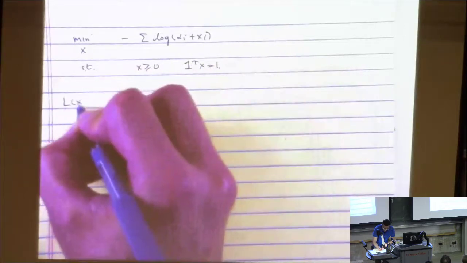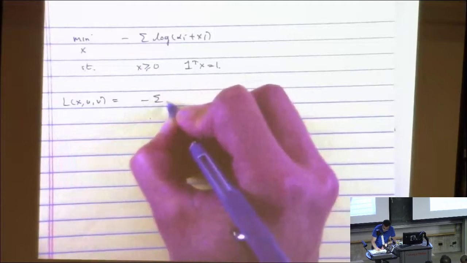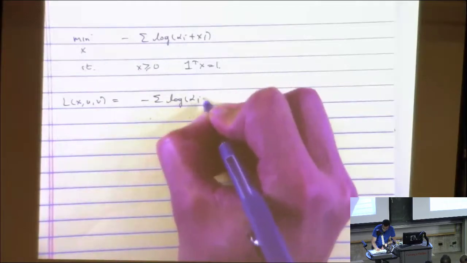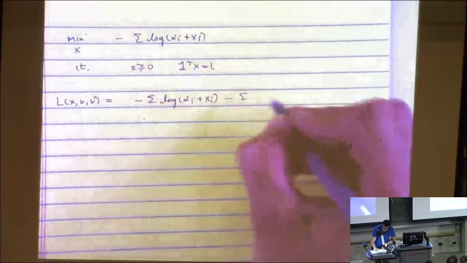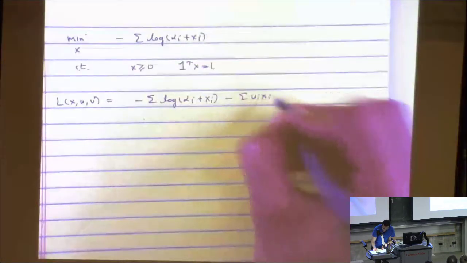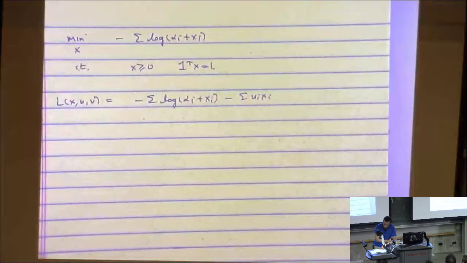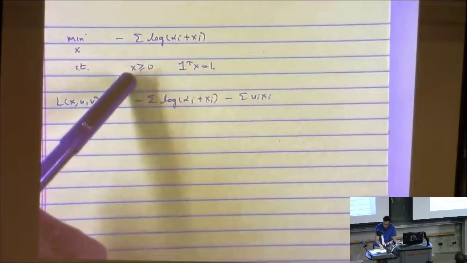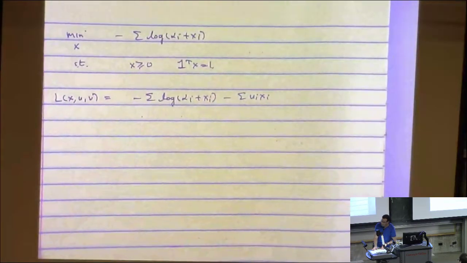So the Lagrangian is just given by the criterion, say minus u_i x_i. I'm going to assign a dual variable to every one of these inequality constraints, and I'll write these as minus x being less than or equal to 0.